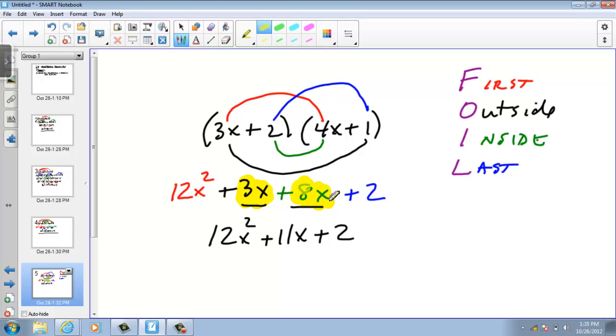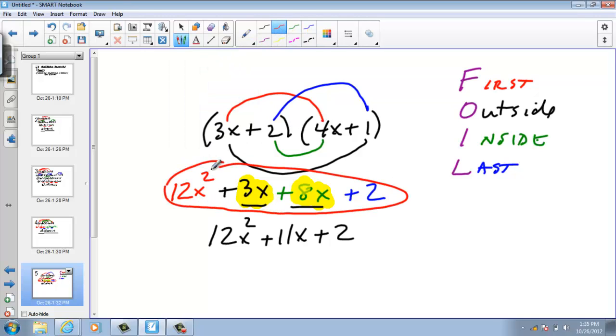You might be able to skip the step where you write out the 4 terms and get directly down to the final simplified answer by combining those outside and those inside terms in your head. You might not be ready to do that yet.